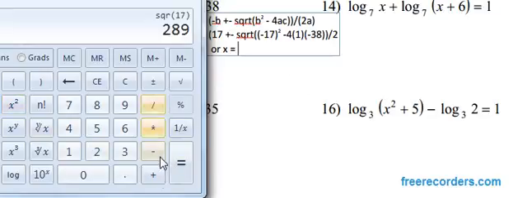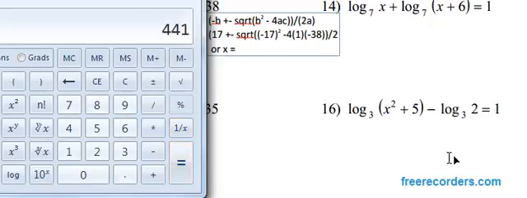minus 4 times, I could say times 1, but that's just 4. So I'm going to say 4 times 1 times negative 38. My calculator is going to square 17, multiply 4 times negative 38, and then subtract that value.